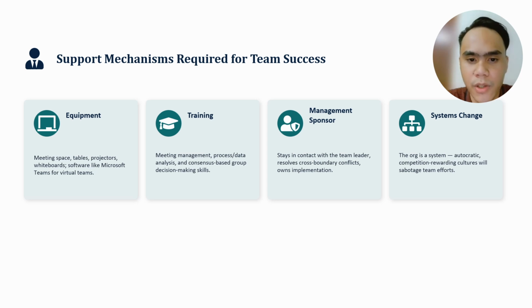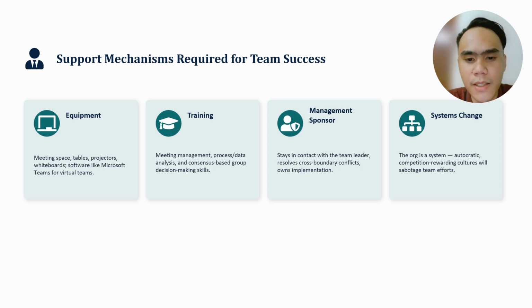The management sponsor is the third one. We introduced this role earlier, but it's worth restating why it belongs on the support list specifically. The sponsor role is a vital leadership function that goes well beyond simply launching a team. It includes staying in regular contact with the team leader to ensure sufficient progress and resolving conflict issues with other parts of the organization.